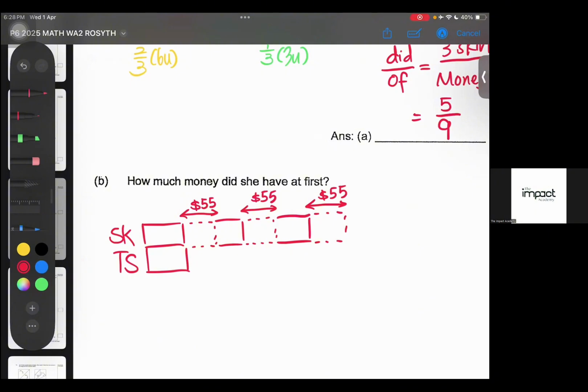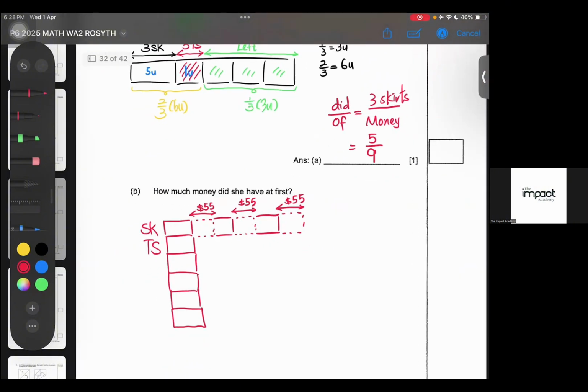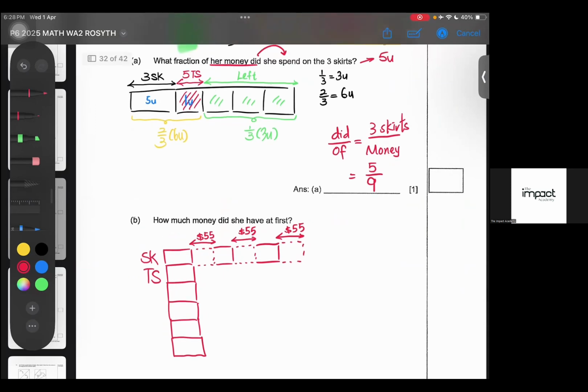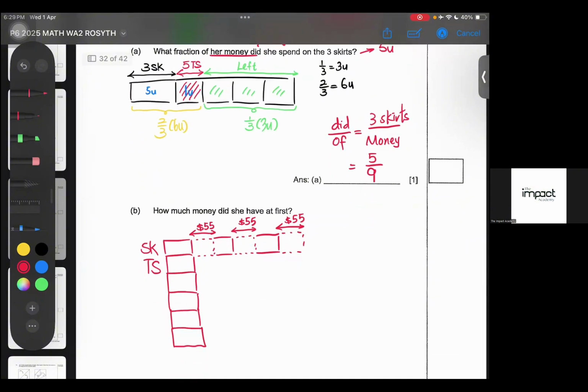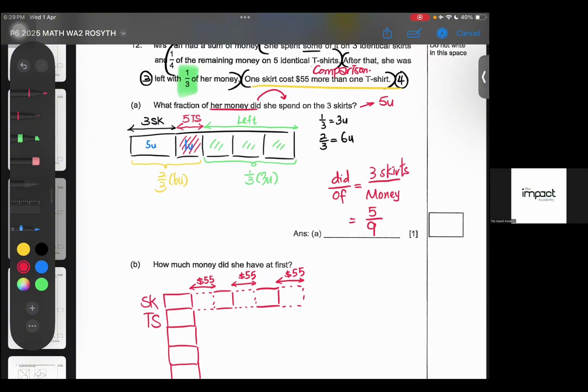How many units are you supposed to draw for t-shirt? True. This entire thing is how many units? Do you all know? This entire thing is 6 units. Okay.